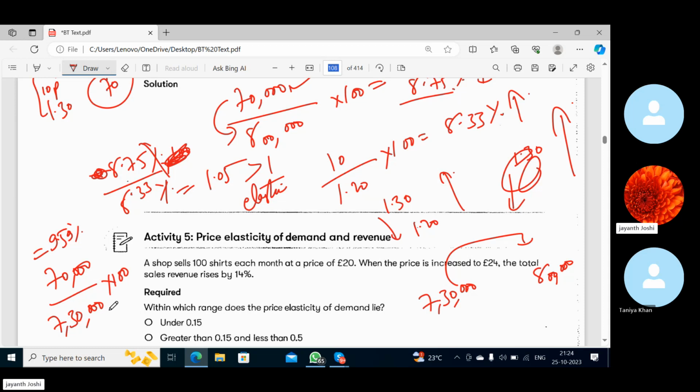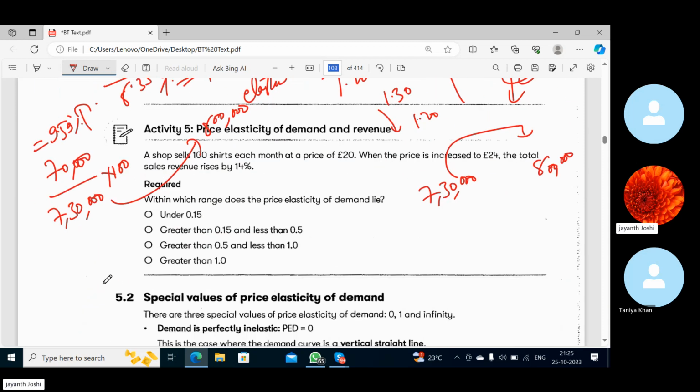That means from 7 lakh 30,000 it has become 8 lakh. You can clearly see the rise in demand. Then what is the change in price? 10 pence by the original price 1.30, so 0.10 by 1.30 gives a 7.69% fall. Now we will take the quantity demanded 9.59 divided by 7.69 into 100. Tell me what's the answer?